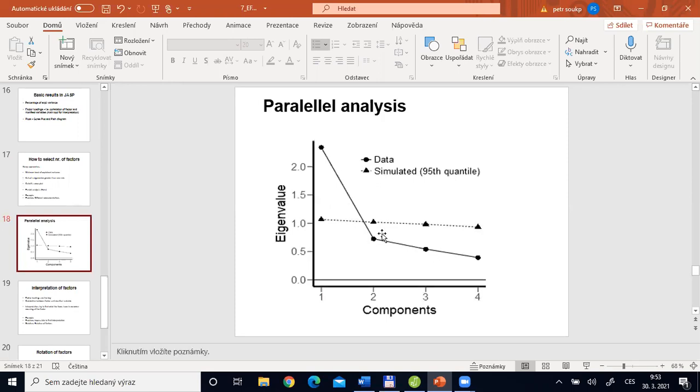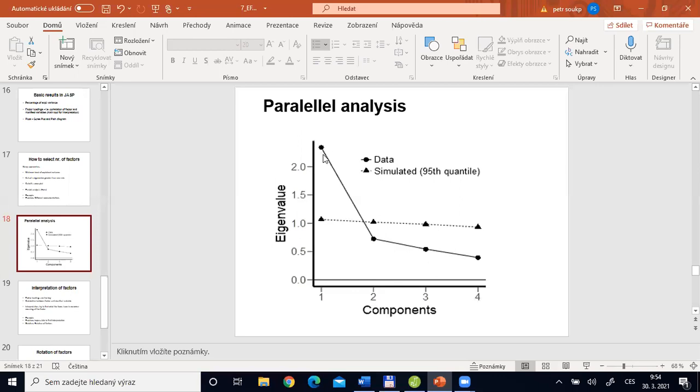Statisticians usually call it the elbow. So here's the elbow, and the recommendation from Cattell was, okay, take one factor less than there is at the elbow point. So for example, in this case, take only 1 factor.